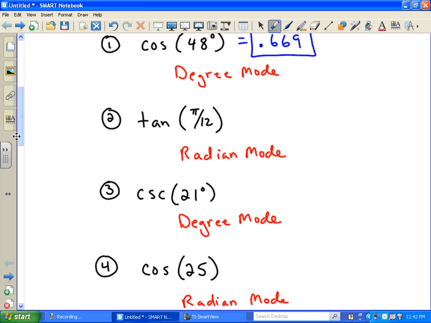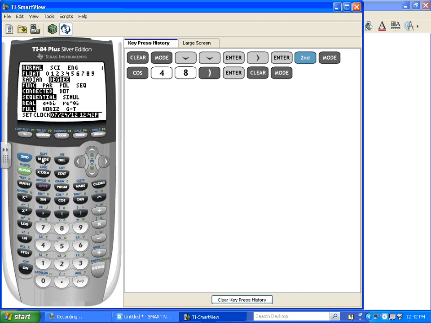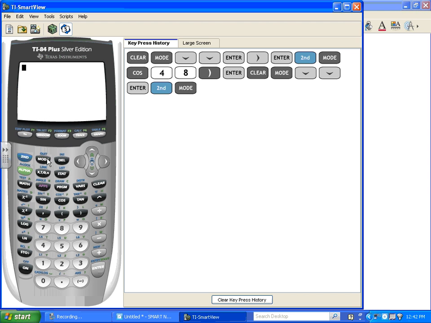Okay, for the second example, I would like to compute tangent of pi over 12. The first thing I need to do is realize that pi over 12 is in radians. So go to mode and change your measure to radians. Press enter, and then to get out, you can do second mode. I need tangent of pi over 12.